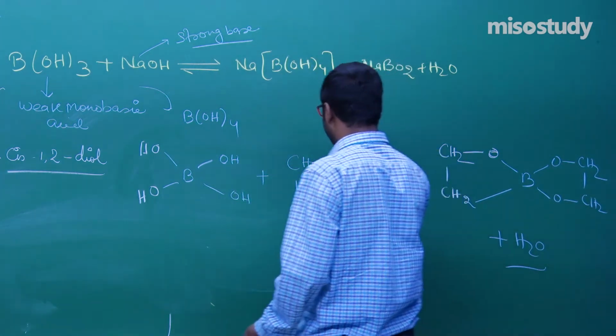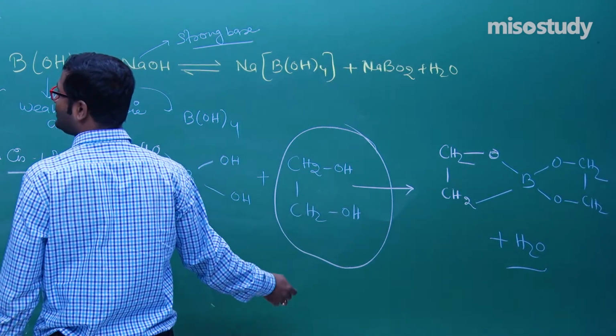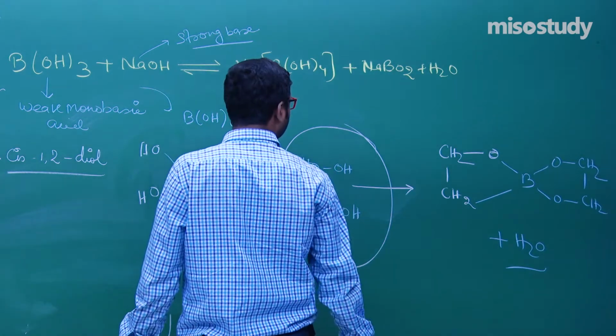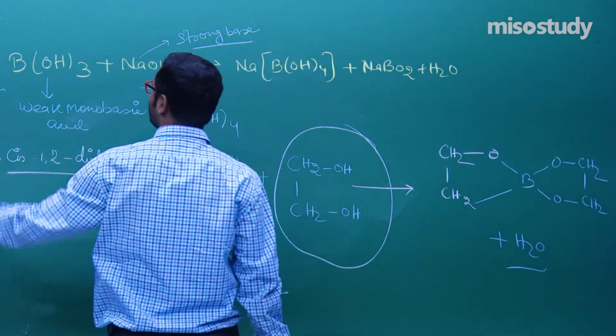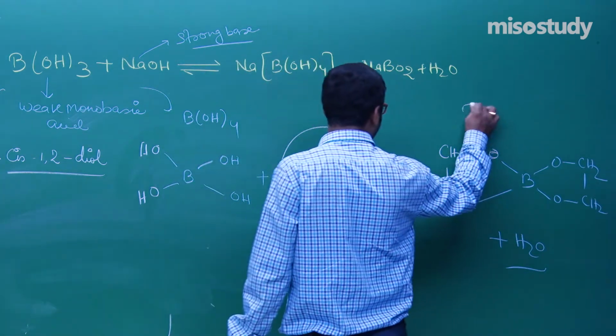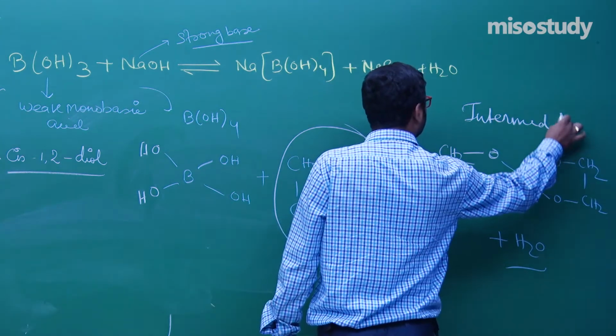So what will happen? We have to add cis 1,2-diol, and it will form a complex structure which will further give you Na[B(OH)4]. This is the intermediate which will proceed the reaction further. Clear?